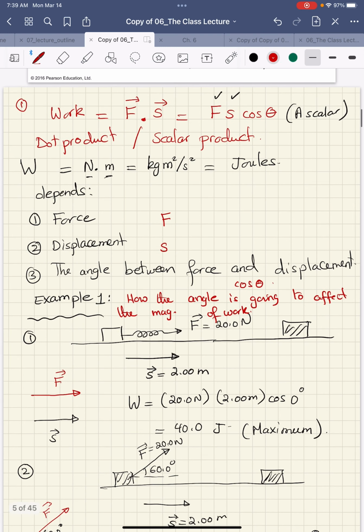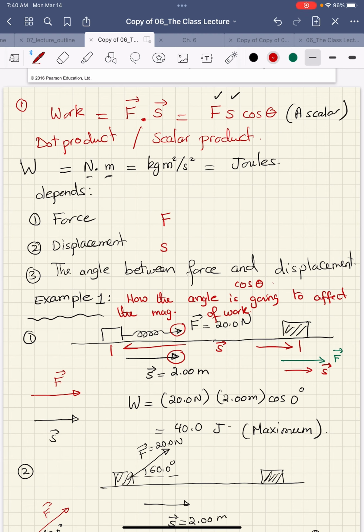In the first one, I have an example about a force that is 20 newtons pulling the object to the right, and at the same time it is causing a displacement in the same direction, which is 2 meters. Notice this is the direction of the force and this is the direction of the displacement. It's always helpful to label this F and this S, to show the angle between the two vectors.